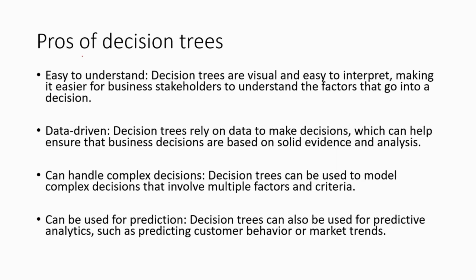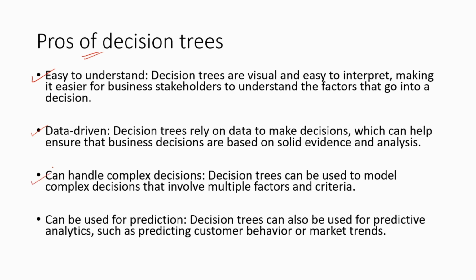Now let's discuss the pros of decision trees. Easy to understand. Decision trees are visual and easy to interpret, making it easier for business stakeholders to understand the factors that go into a decision. Now you know this clearly because we did an example. Data driven. Decision trees rely on data to make decisions, which can help ensure that business decisions are based on solid evidence and analysis.